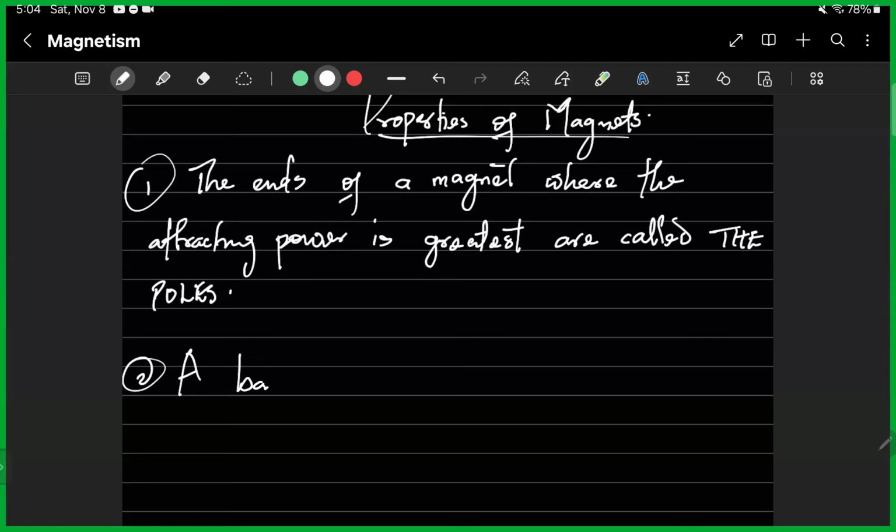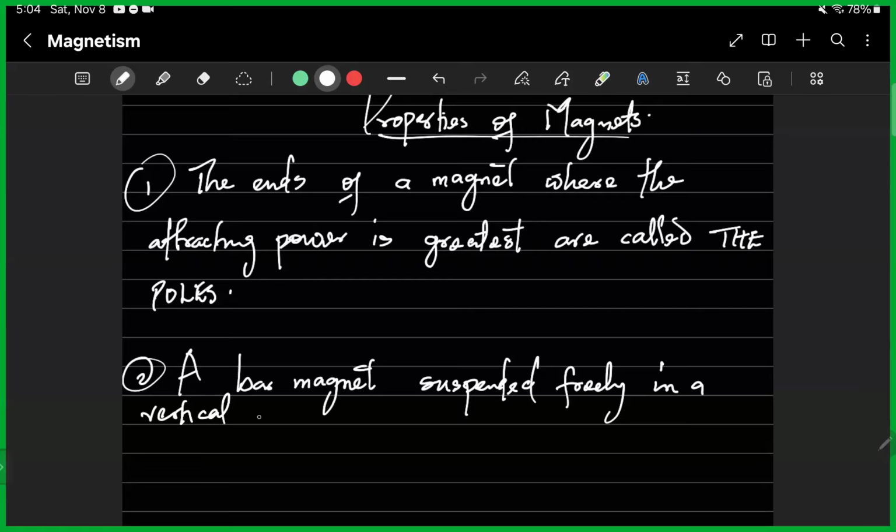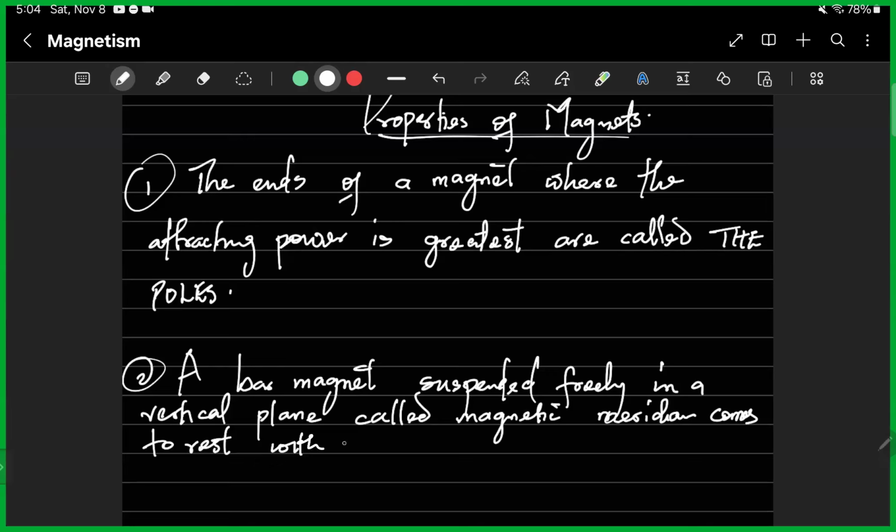A bar magnet suspended freely in a vertical plane called the magnetic meridian comes to rest with its axis in the north-south direction.